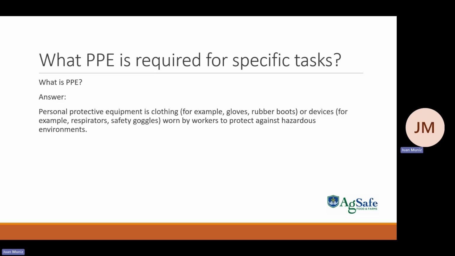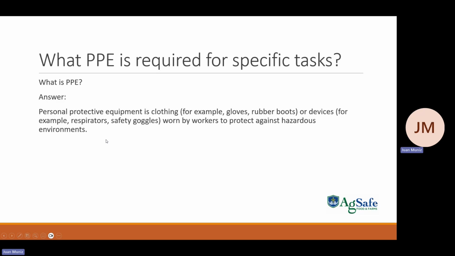The formal definition for this section is: personal protective equipment is clothing, for example, gloves, rubber boots, or devices, for example, respirators, safety goggles, worn by workers to protect against hazardous environments.